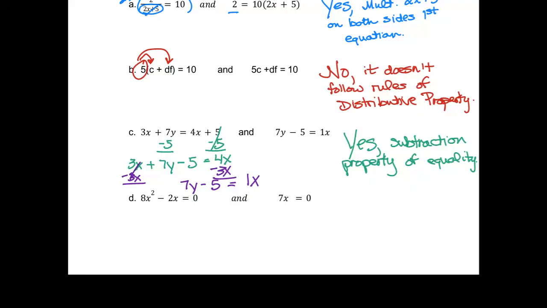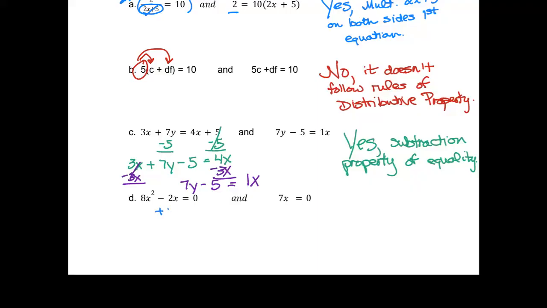And the last one, letter D, 8x squared minus 2x equals 0, and 7x is equal to 0. Is there anything we can do to get from the first equation to the second? Add 2x.